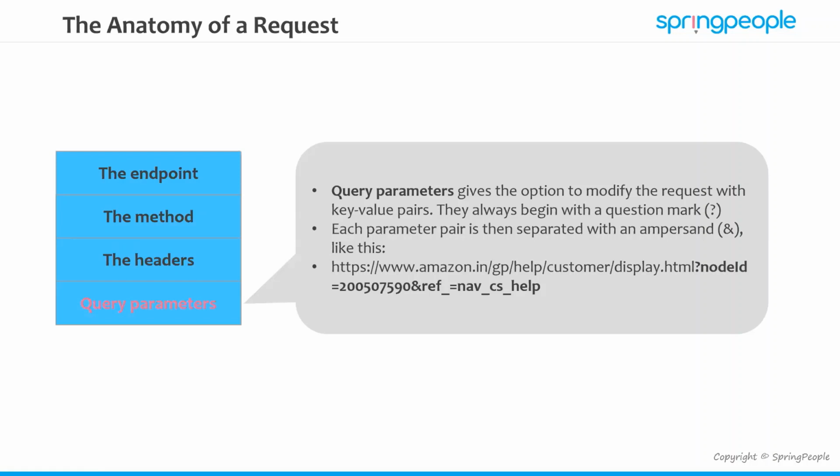Sometimes when clients request something from the server, the data in the response is very large, so to filter it we use these parameters, just like we used in play.google.com, where we said give us all the logs where format is equal to JSON. Here the example is amazon.in/gp/help/customer/display.html with nodeId equal to this and ref equal to nav/cs help.